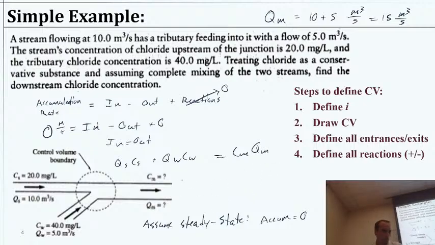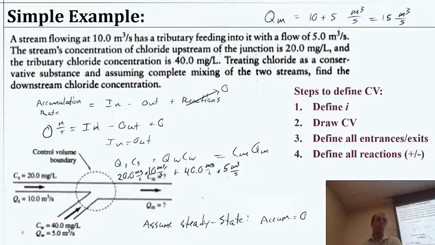What I ought to write is each value for the Q and the C, so QS, CS, QW, CW. QS is 20.0 milligrams per liter. Multiply that by our 10 cubic meters per second, plus the 40.0 milligrams per liter times 5 cubic meters per second.